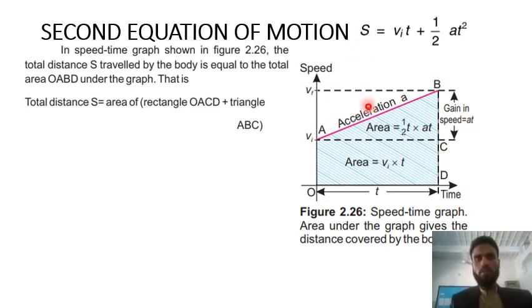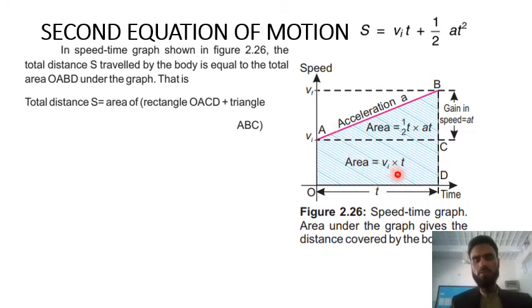Now what will we do if we have a speed time graph and we have to find the distance covered by the body? We have already discussed that if we have the speed time graph of the body and we need to find the distance covered, we have to calculate the area under the graph.